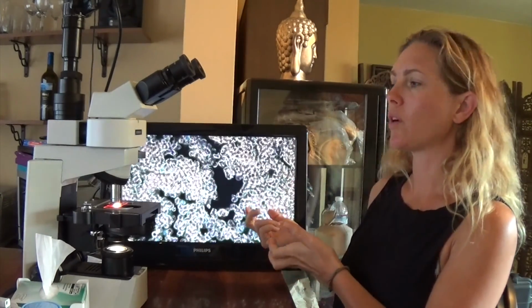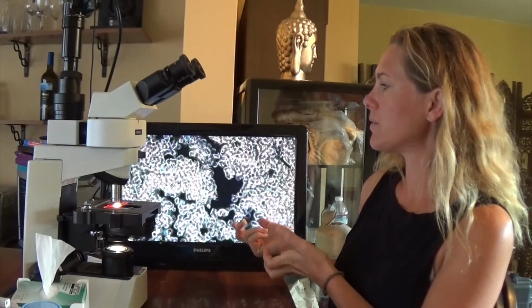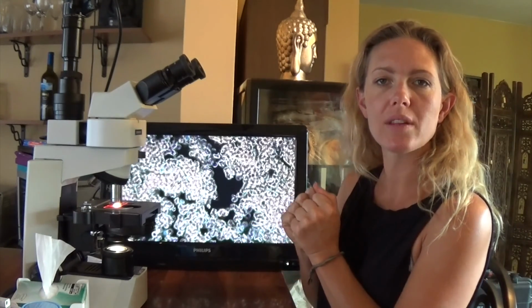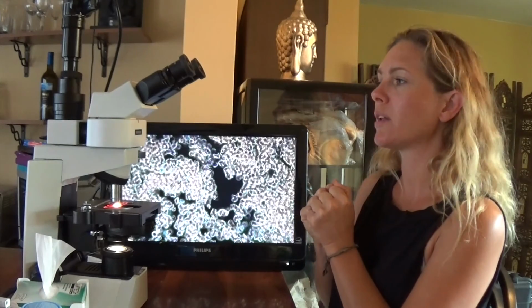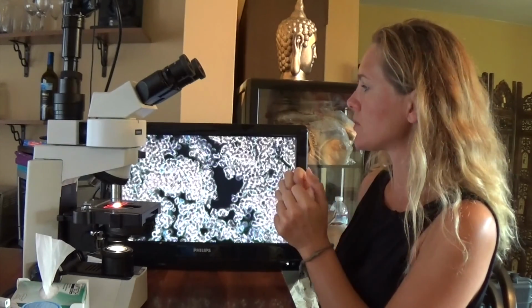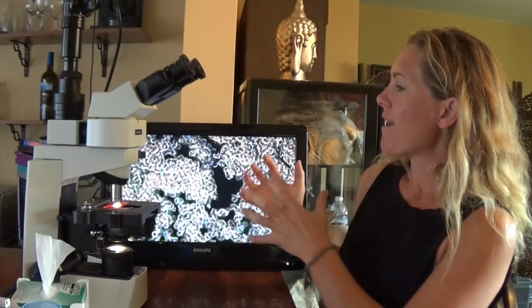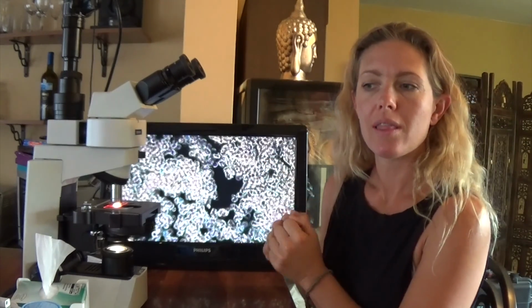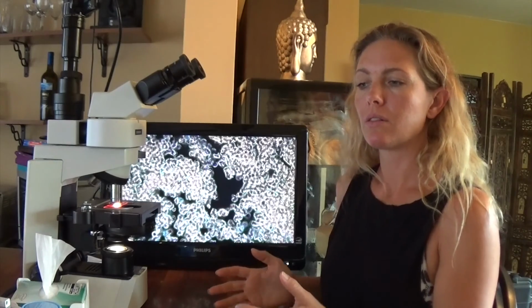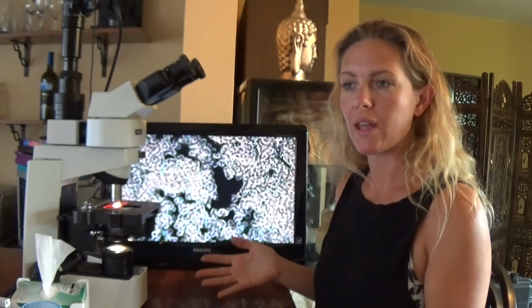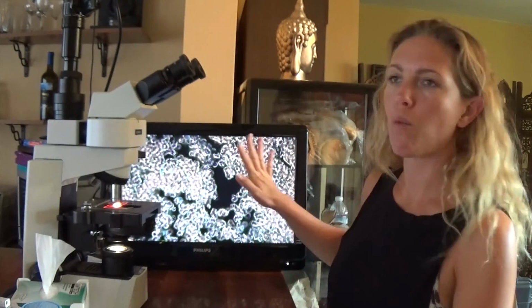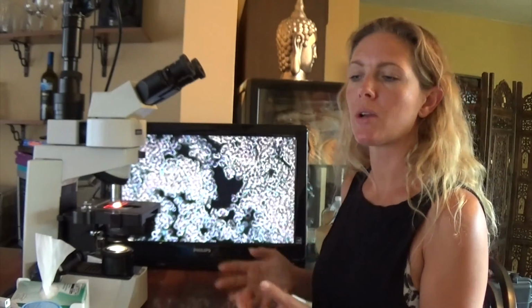We look at the negative charge around the red blood cells that keeps the cells dispersed in the blood solution. When we have a loss of that charge, we can look at lifestyle factors related to why we have a loss of charge.